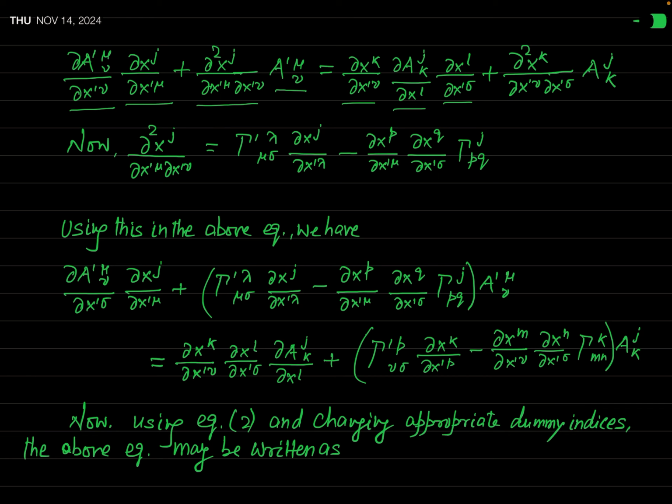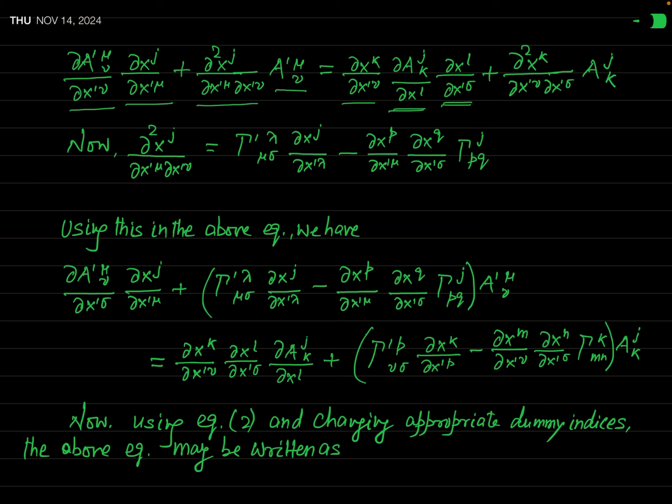In fact, here ajk are the components of the mixed tensor of second rank in the unprimed coordinate system. So first of all, this ajk has been differentiated with respect to xl, which are the variables of the unprimed coordinate system. Then we differentiate that variable with respect to a variable in the prime coordinate system, that is x prime sigma.